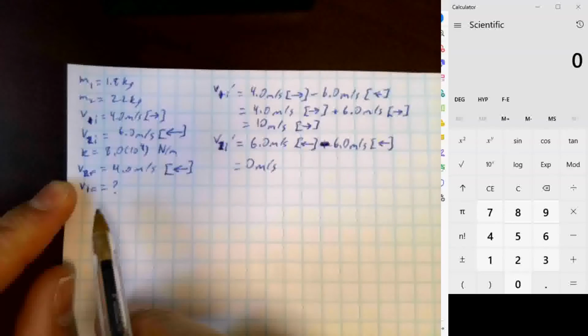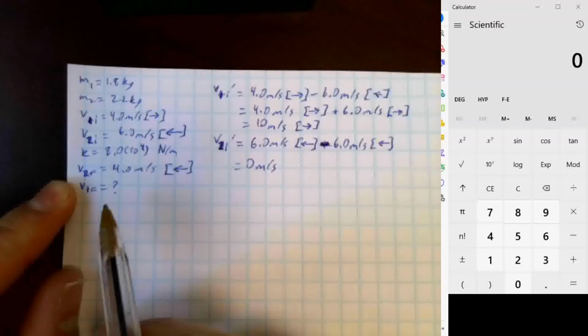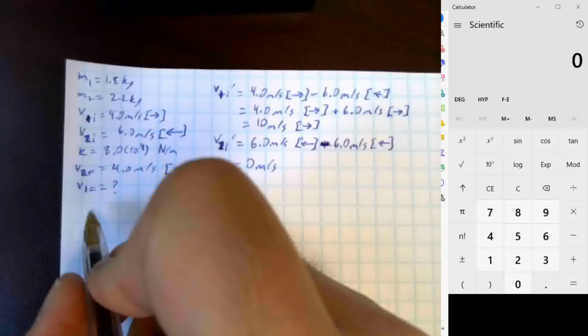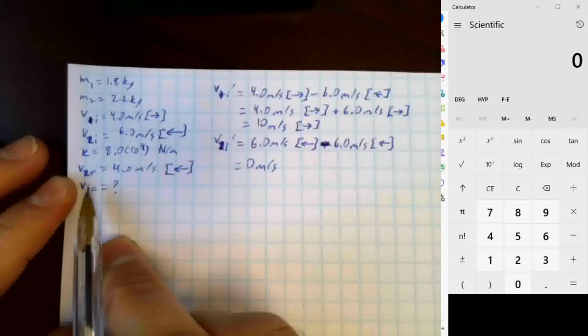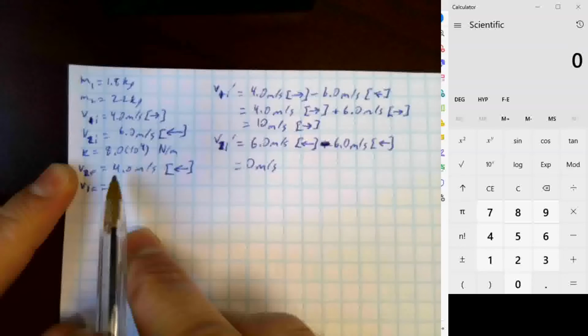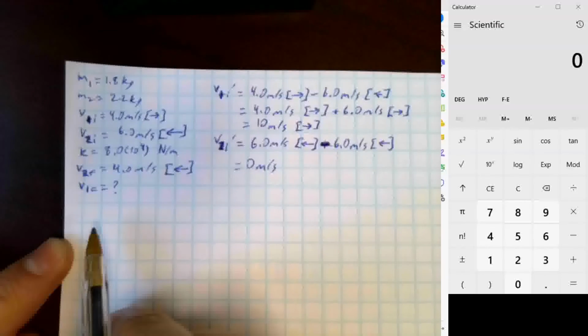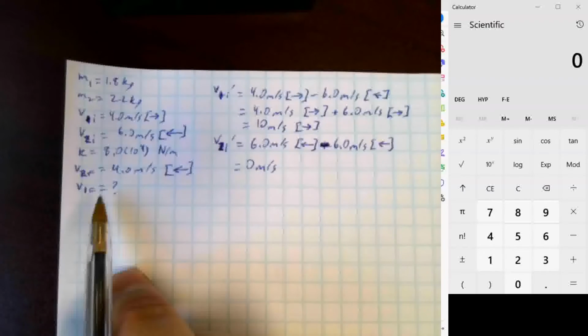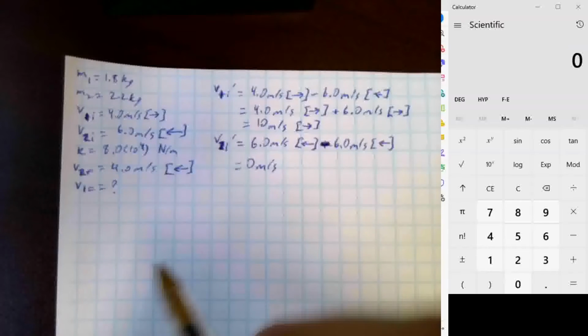So now what we're trying to do is find out what is our V1F when our V2F is 4.0 meters per second. So this V1F is similar to, let's write out this equation here.